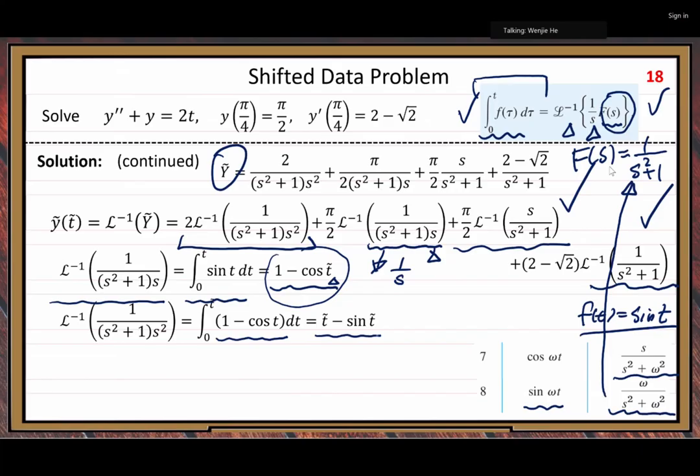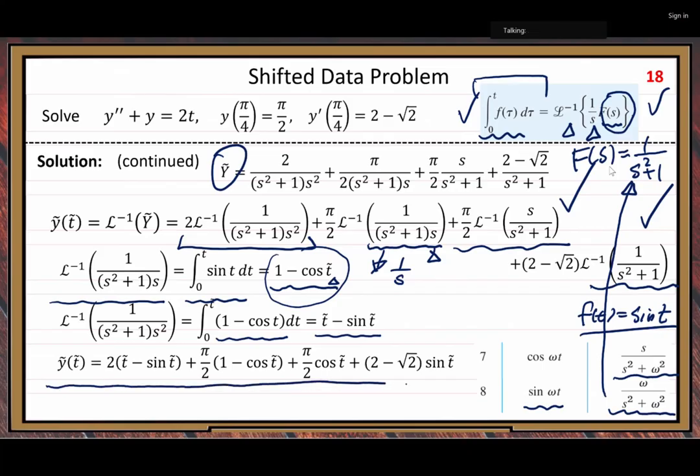So we find the inverse Laplace transform for all four terms. So we combine all four terms. So we get a little y tilde represented with variable little t tilde. But we need to go back to t, right?